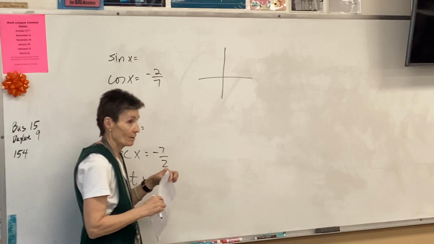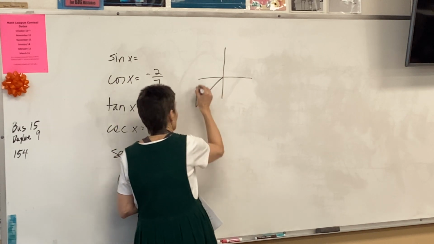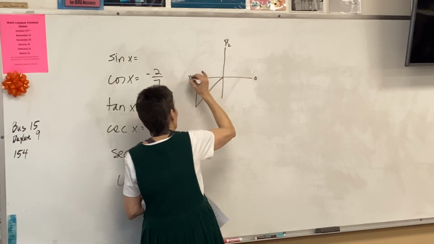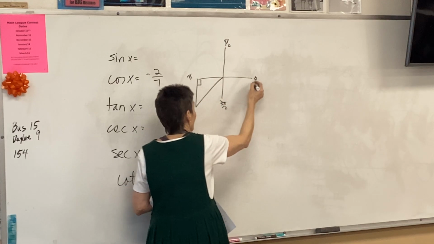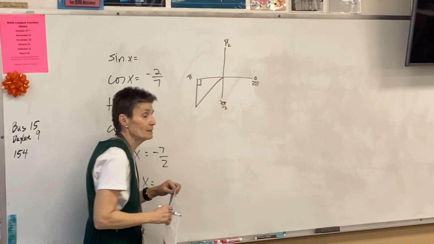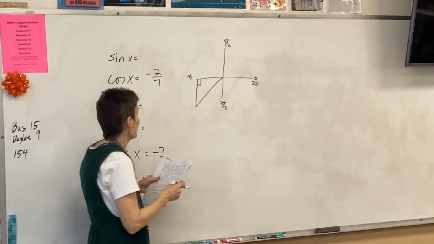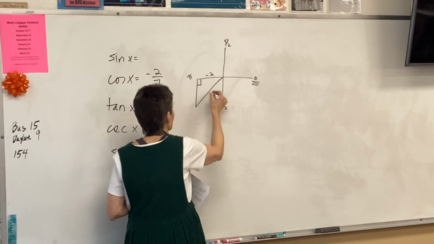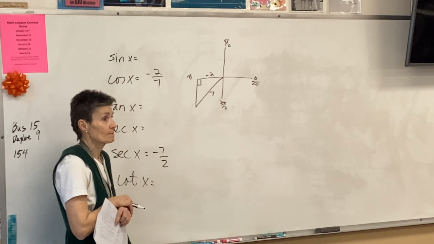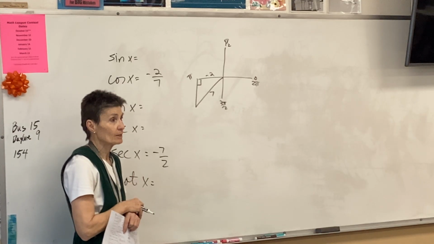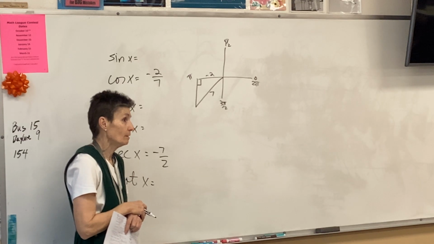Quadrant 3. 0, pi over 2, pi, 3 pi over 2, 2 pi. That's our setup, in radians. So the angle has a cosine of negative 2/7. This is just like the one we had a second ago. We need to finish the triangle.